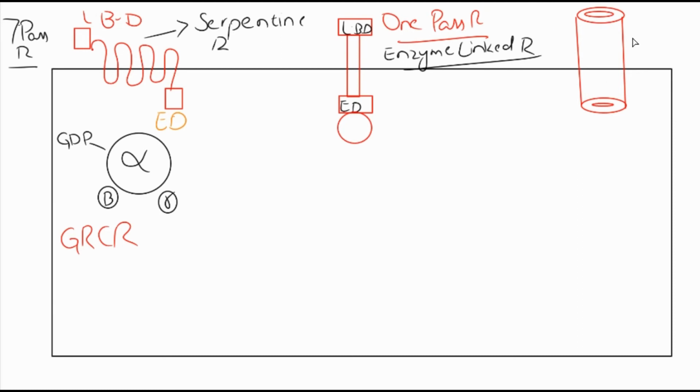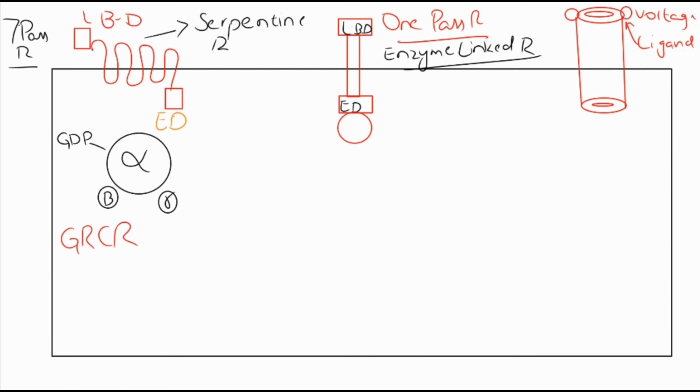Now, there are two types of ion channels. First are voltage operated, and others are ligand operated. These receptors are basically ligand operated. Ligand operated ion channels have specific pockets attached with them.